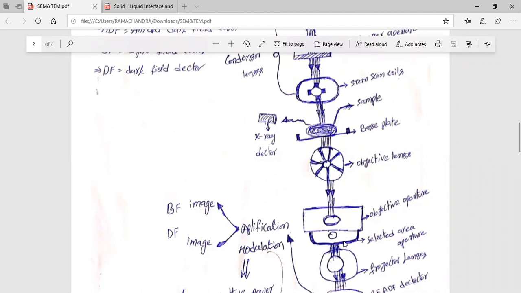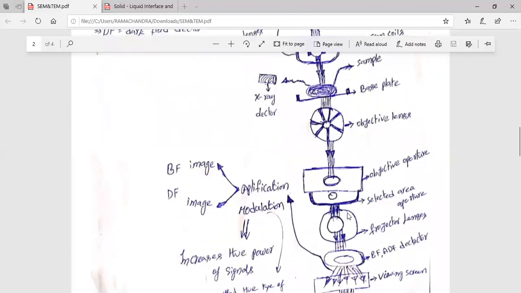In this way the particle image can be detected, and the others are restricted. Next the beam passes through the projector lens.